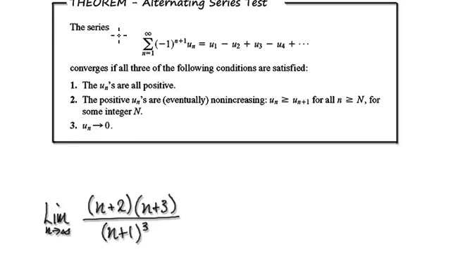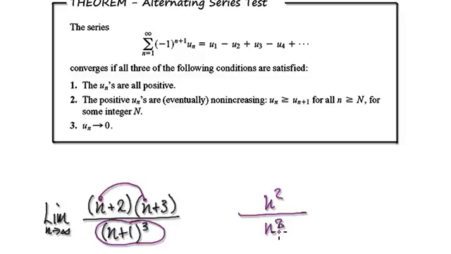So let's check condition 3. Make sure that the limit of this equals 0. As n tends to infinity, if you look at the numerator, the highest power will be n squared. Look at the denominator, the highest power will be n to the power 3.